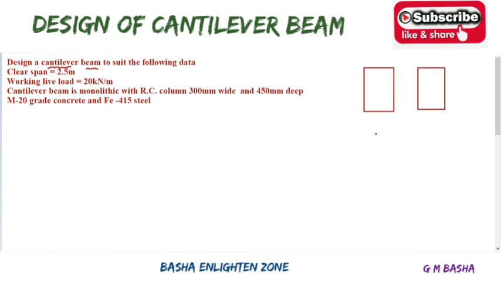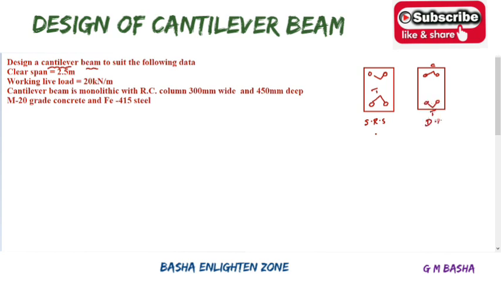See here, a singly reinforced beam means we have to provide tension reinforcement on the bottom side, and we provide two hanger bars on the compression side. If it is a doubly reinforced beam, we provide compression reinforcement on the top side and tension reinforcement on the bottom side.